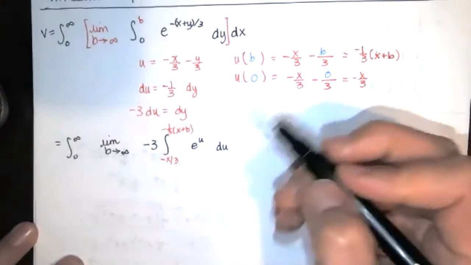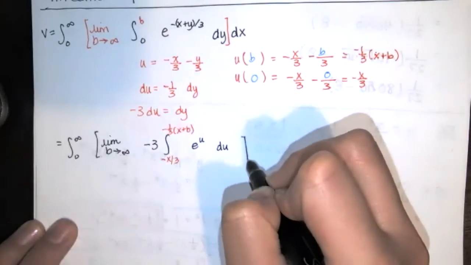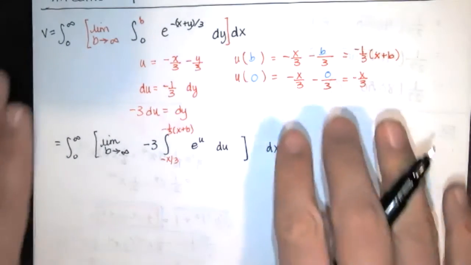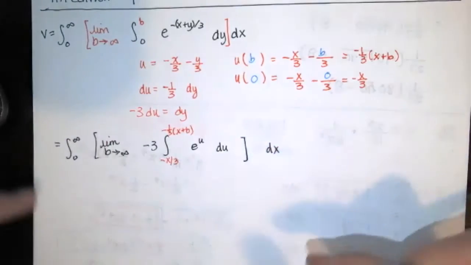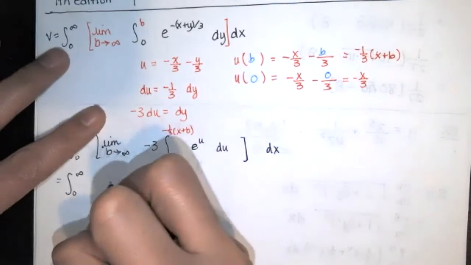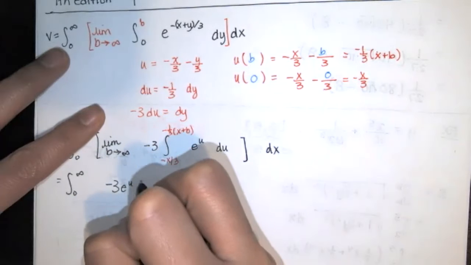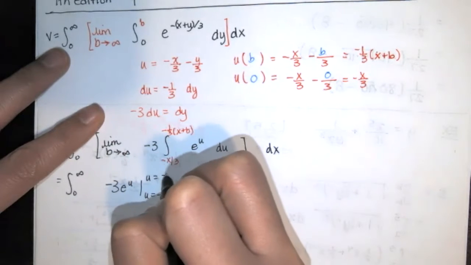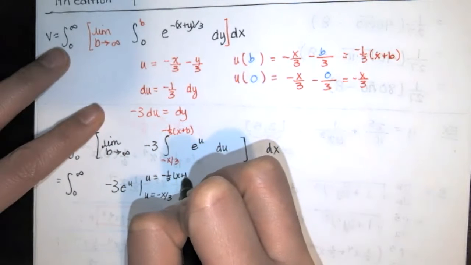The antiderivative of e to the u with respect to u is just e to the u. And there's still this dx on the outside. I'm not really doing anything with it, I'm just bringing it down. Then we evaluate this from u equals negative x/3 to u equals negative 1/3 times x plus b.